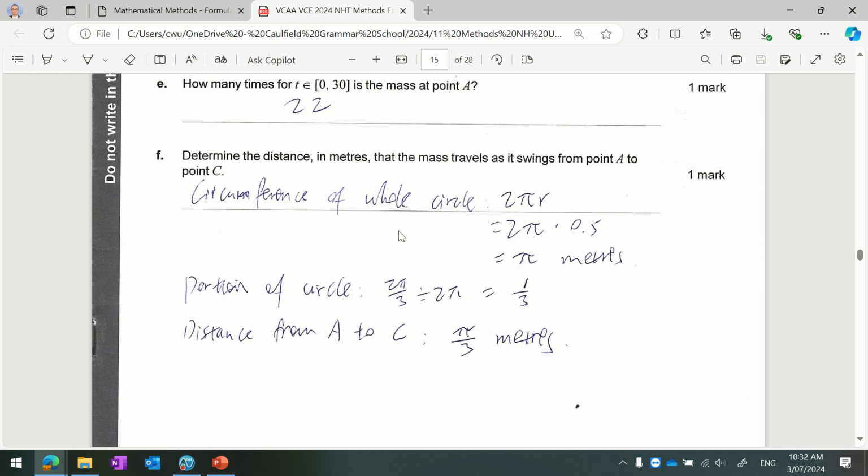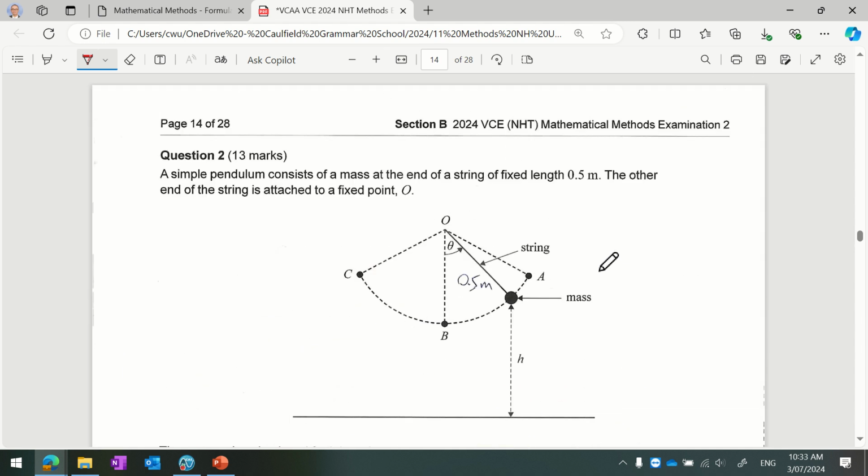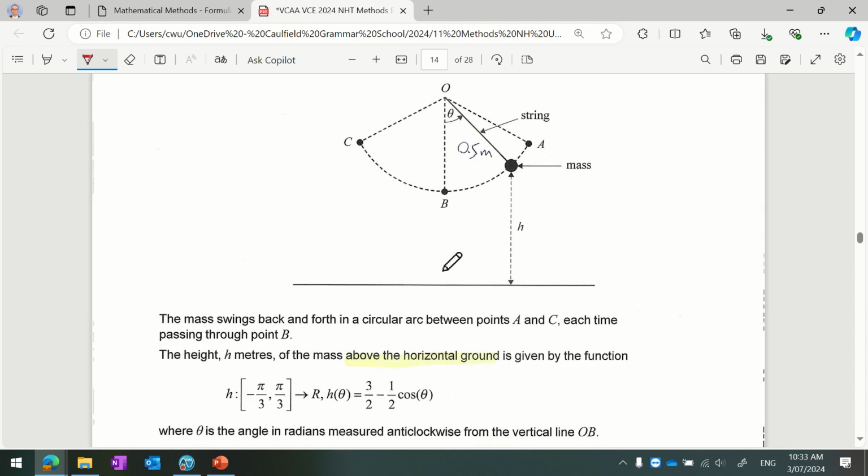The whole circle circumference is 2 pi r, which is pi meters, the whole circle. And then we have the portion of the circle. If you go around a full circle, the angle is 2 pi. Here, the angle that we are covering inside the circle is 2 pi over 3, because it's pi over 3 on the right and pi over 3 on the left, so 2 pi over 3 in total.